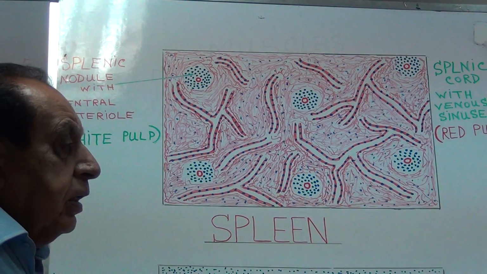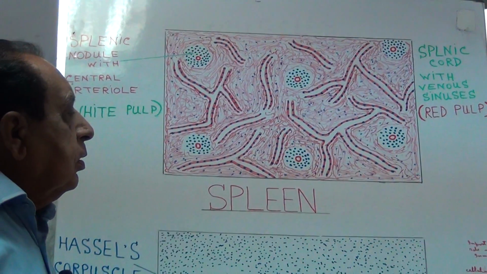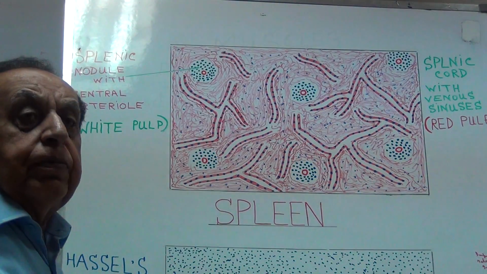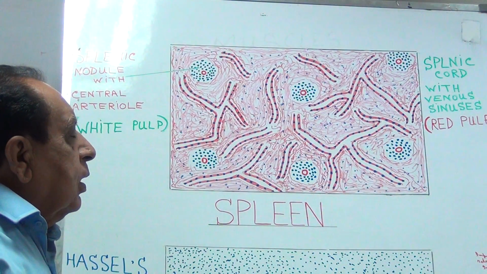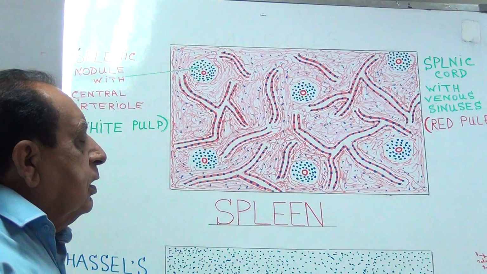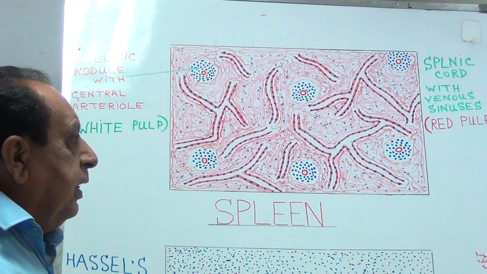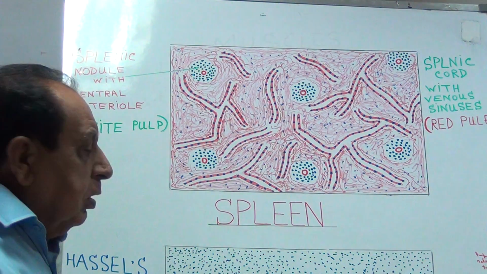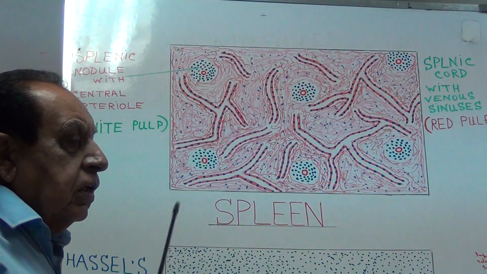Now, the spleen is present in the left hypochondrium of the abdomen, and it is covered by a capsule. The peritoneum covers the spleen and also the capsule, except at the region of the hilus.